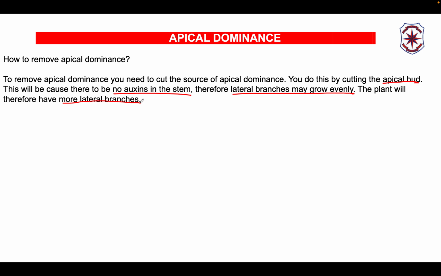Is this a good thing, that the plant produces more lateral branches? We said naturally in nature, apical dominance is a good thing because the plant grows taller for maximum exposure to sunlight, for maximum exposure to pollinators, and maximum seed dispersal, right?